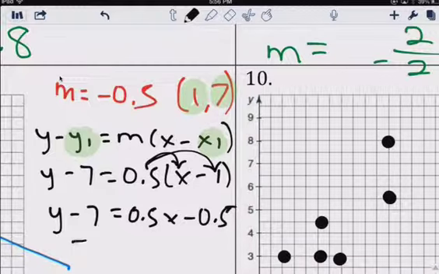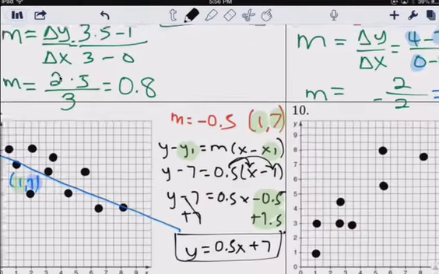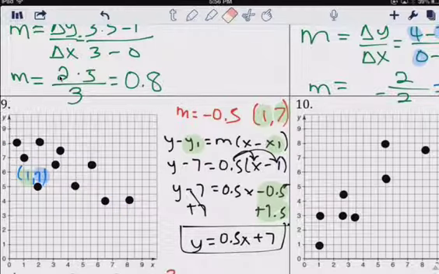Use a calculator if you need to. Put negative 0.5, add 7. You should get a positive 7. Okay, y equals negative 0.5x plus 7, or somewhere close to it. Now you can choose other dots. You don't have to choose this dot.